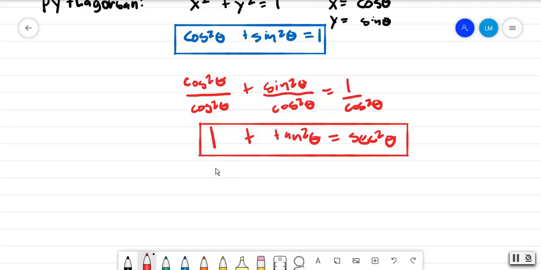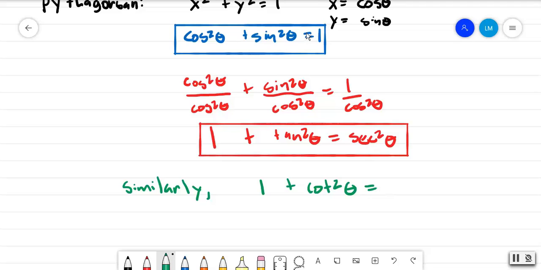Now, the other identity is this: if I take this original fundamental identity and divide by sine squared instead, similarly, you're going to end up with 1 plus cotangent squared theta equals cosecant squared theta.